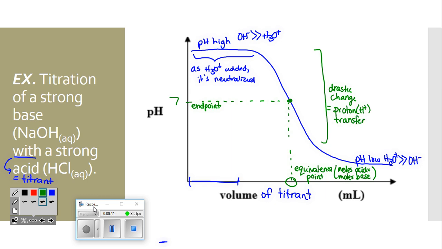A lot of the time, there'll just be one proton that's transferred. But I know a few of you asked, what would be the scenario if the acid had 2 hydrogens? Well, we'll continue with this topic tomorrow, but you might get 2 sharp changes in your pH curve instead of just 1.